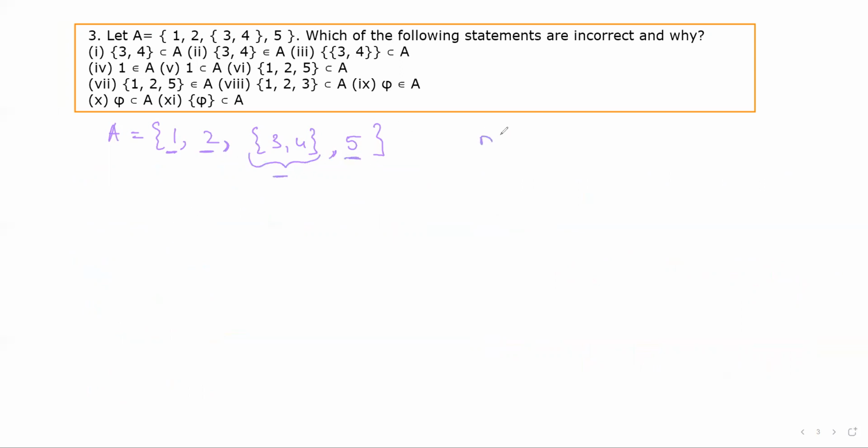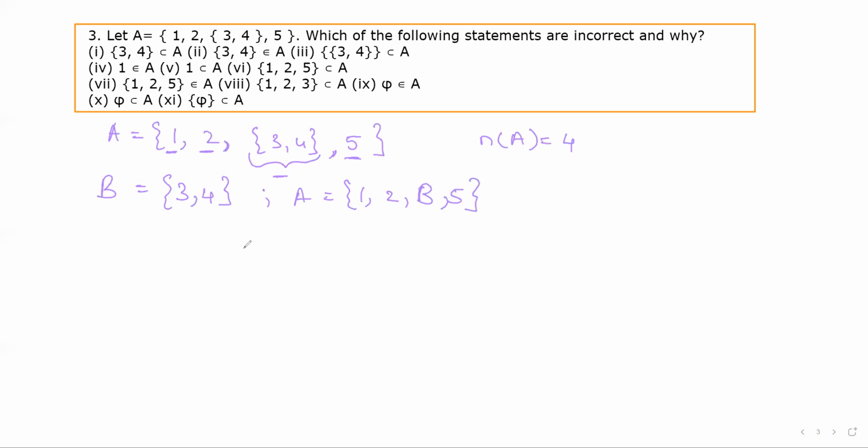So there are 4 elements in A. To avoid any confusion, we recommend giving this set a variable. So let capital B be equal to {3, 4}. So you can rewrite the set A as {1, 2, B, 5}.